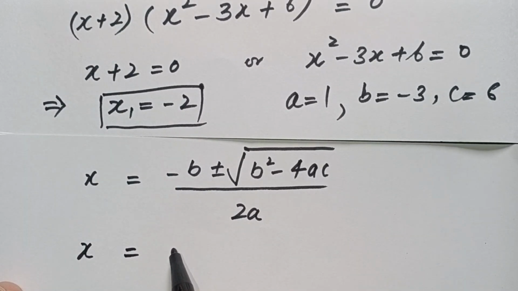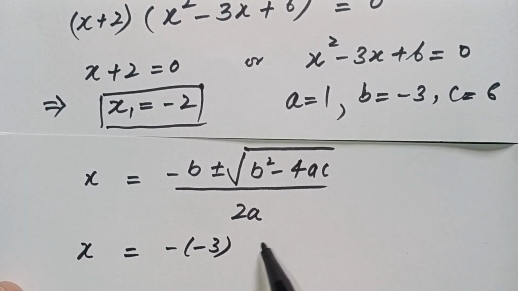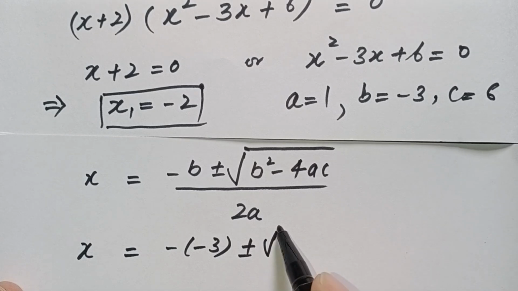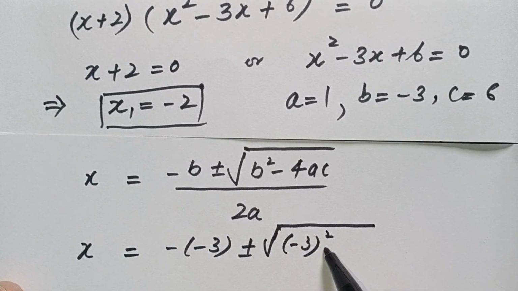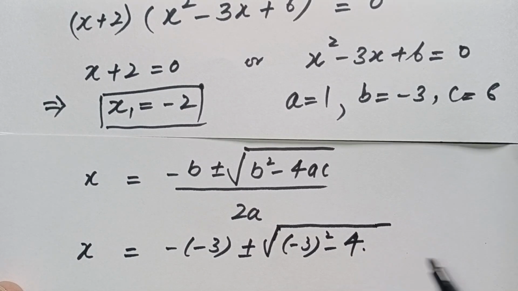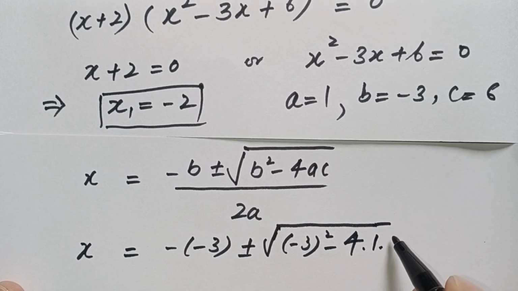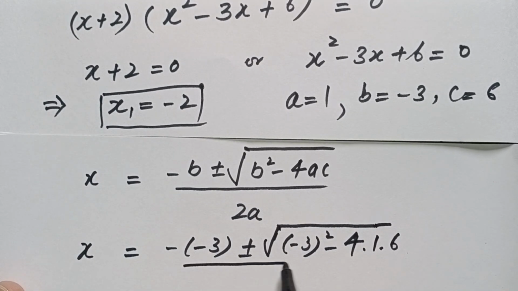Now in the next step, we will insert the values of a, b, and c in this quadratic formula. We have x is equal to minus of minus 3, plus or minus square root of minus 3 whole square minus 4 times 1, a is 1, and c is 6, over 2 times 1.